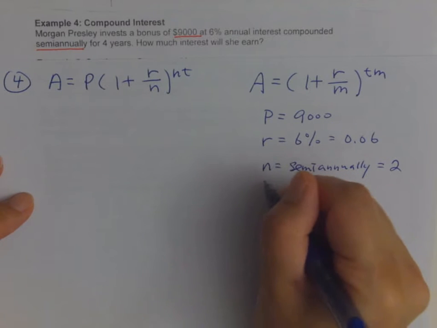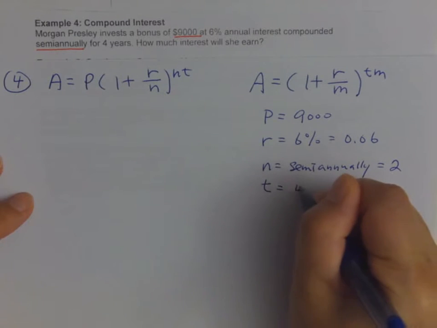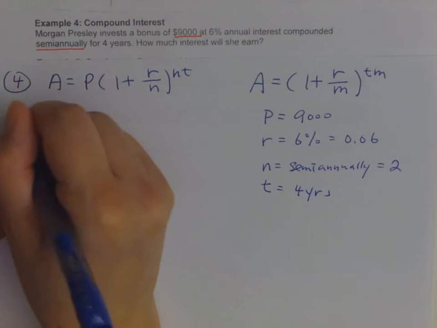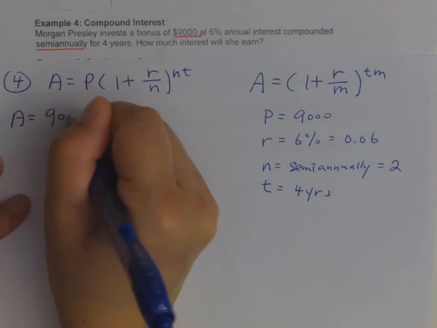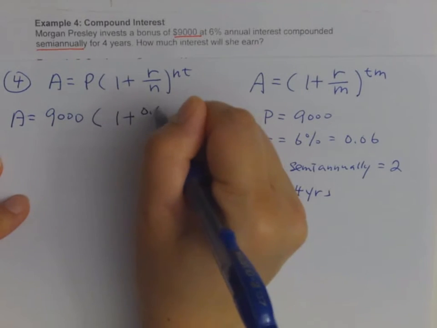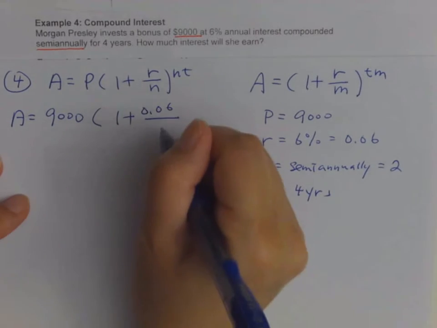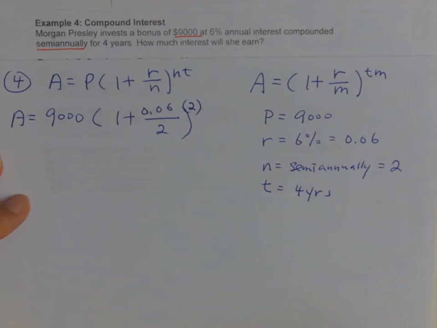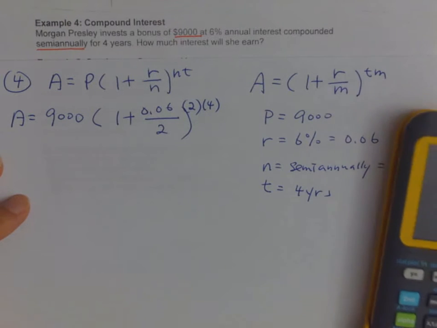And t is time in years, which is 4 years, right? Using that, we can plug it in. A equals 9,000 times (1 plus 0.06 over 2), with n being 2 times a year for 4 years, so totally they compound 8 times, right?